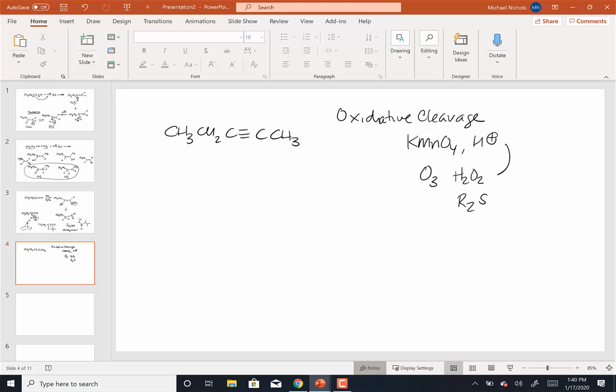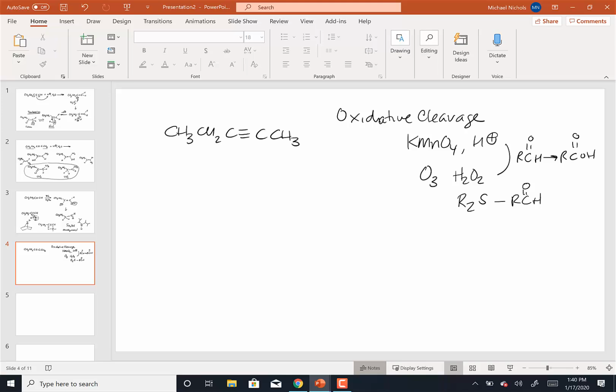In these two, the aldehydes that were produced went up to carboxylic acids because those reagents, peroxide and KMnO4, oxidize aldehydes to carboxylic acids. Whereas in the case of the R2S, the aldehydes remain. So there was that. We had to know which reagent went with which transformation.